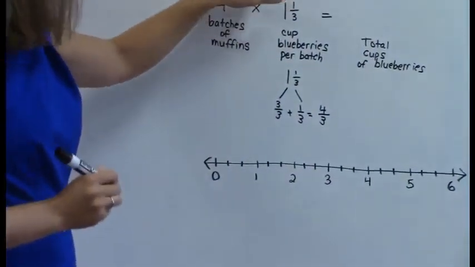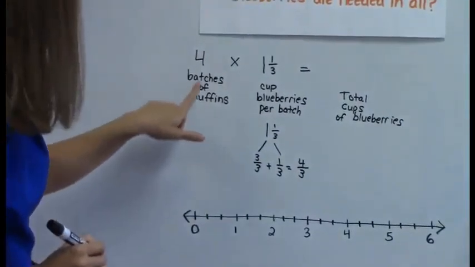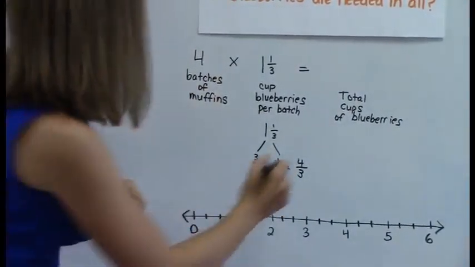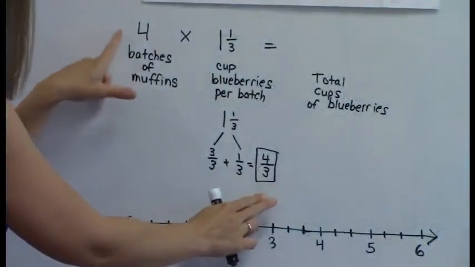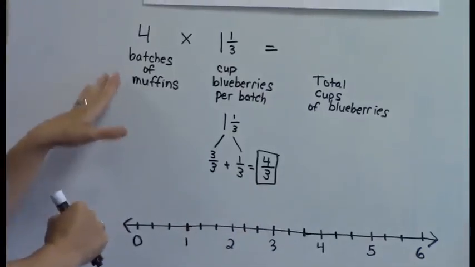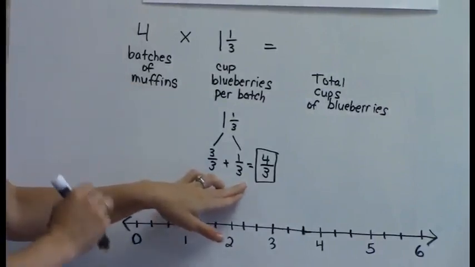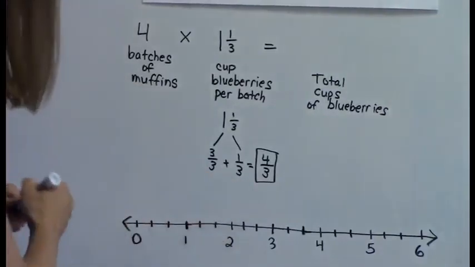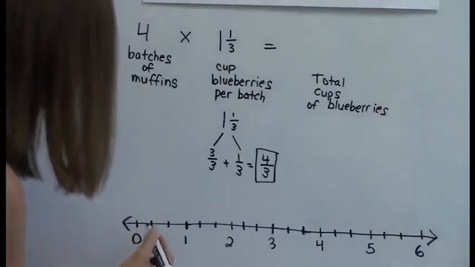And I'm looking for the total number of cups of blueberries in all, so I'm going to jump on our number line. I'm going to make 4 jumps by 4/3 on the number line because she's making 4 batches of muffins with the same amount of ingredients in each batch. So I'm going to start down here at the number line at 0 and count by 4/3.